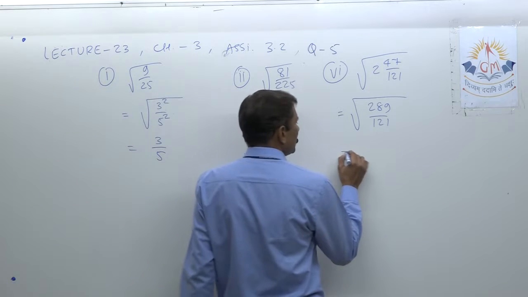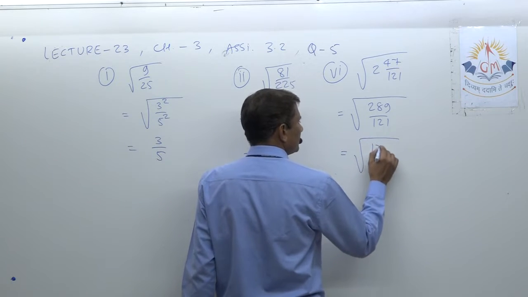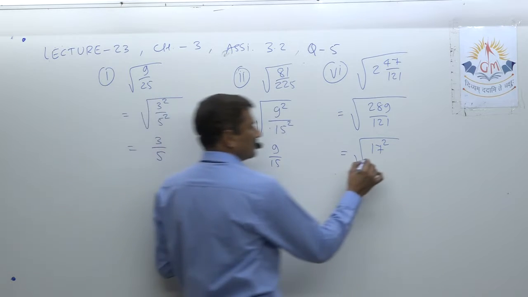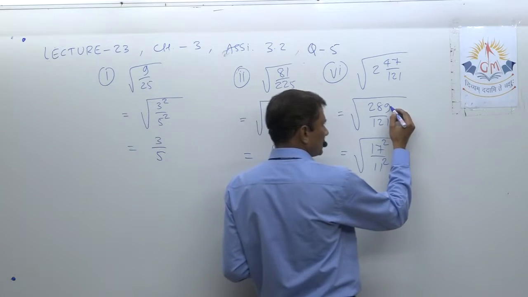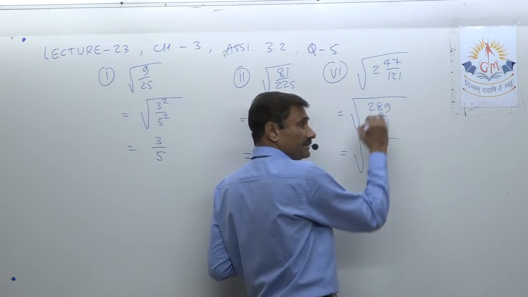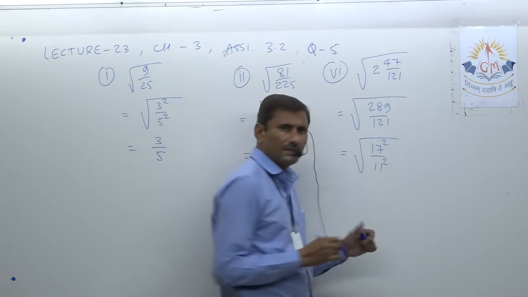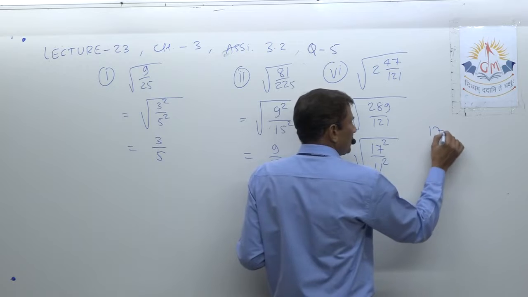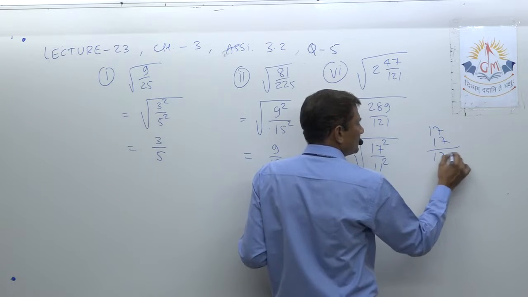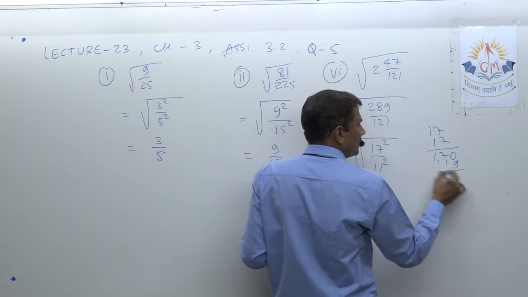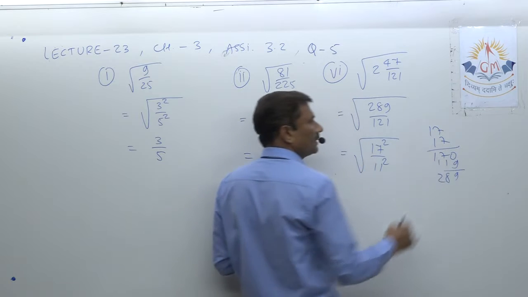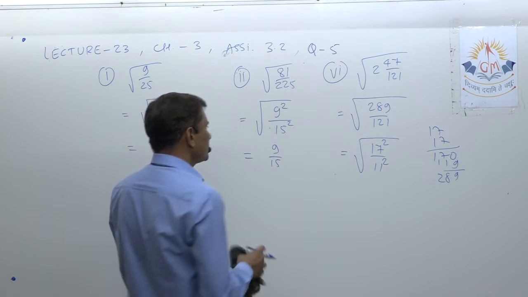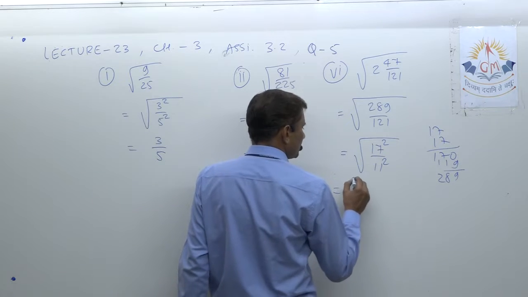So it is 17 square, and this is 11 square. You can verify here because the last digit is 7, so obviously either 13 square or 17 square. And 17 multiplied by 17, you can find, 7 sevens are 49, and so on, giving 289. So obviously here 17 upon 11 is the answer.